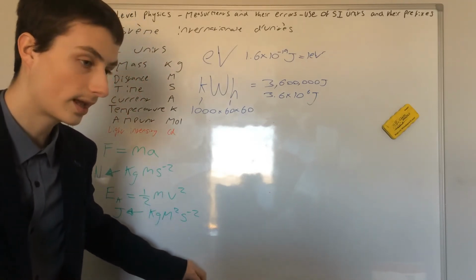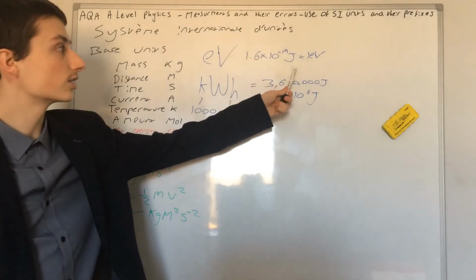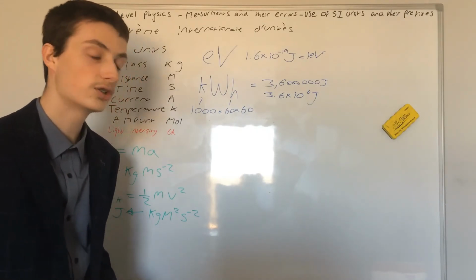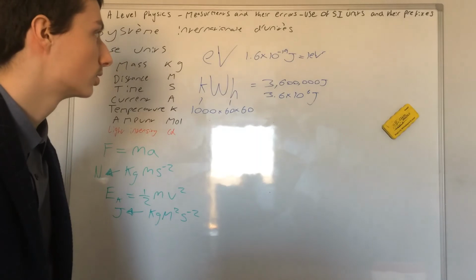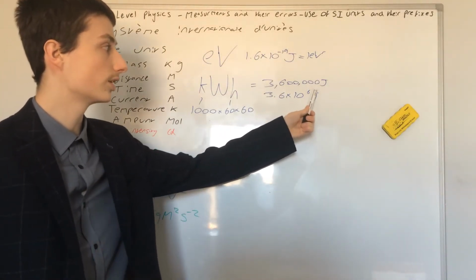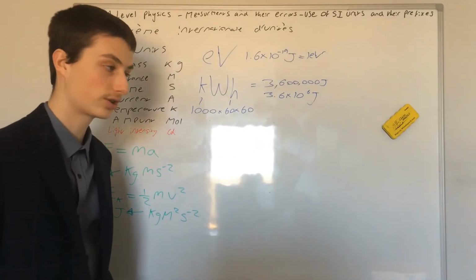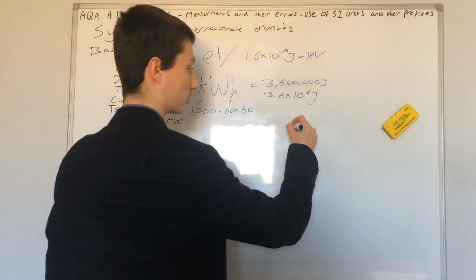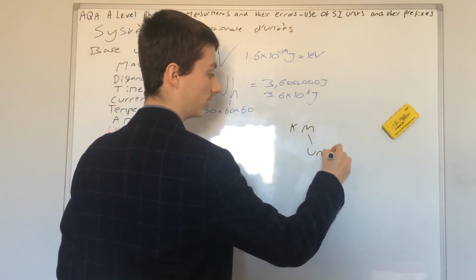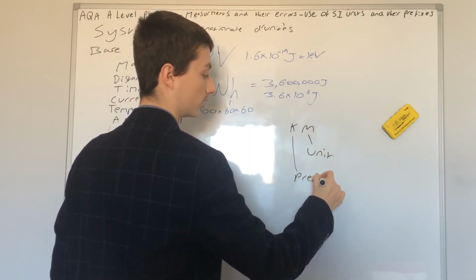Now, that's SI units, but this here can be inconvenient to write. It takes up a lot of time, and it's prone to errors. It's much easier to make an error. So we can use standard form rather than writing it like this. But that doesn't solve the problem entirely. What we use is prefixes. That's like kilometres. The unit is the metre, and the kilometre, the kilo bit, is the prefix.